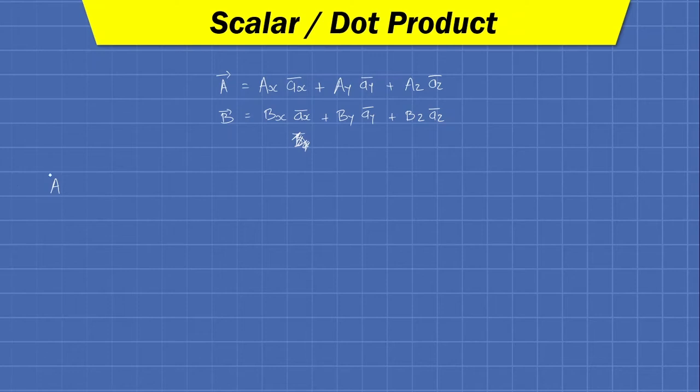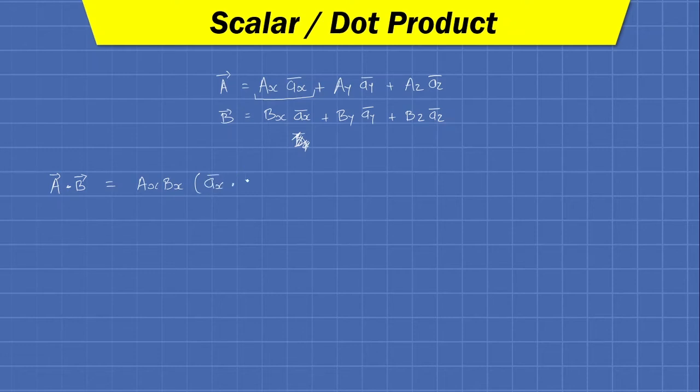Now if we take dot product, then we know that dot product is only applicable to vectors. So here we will multiply each term of a bar with all the terms of b bar. So if we multiply ax into ax bar with b bar, then it will be ax bx. These two are scalars, so dot product will not be applicable on these, rather it will be applicable on the unit vector.